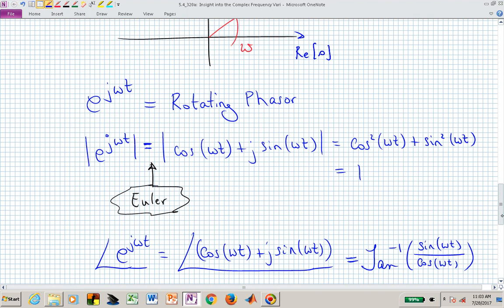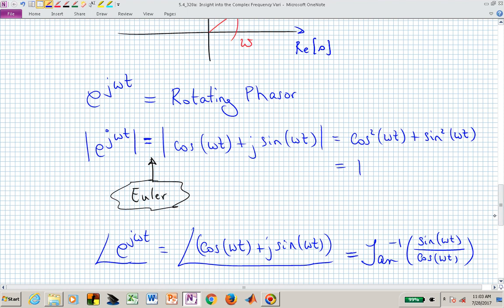What's the angle? Well, the angle of e to the j omega t, again, pulling out what we know about e to the j omega t from Euler. Euler now allows us to simply write that in rectangular form. Once we have it in rectangular form, we can find the angle associated with that complex number. That's just the inverse tangent of the imaginary part, which is sine omega t, over the real part, which is cosine omega t.